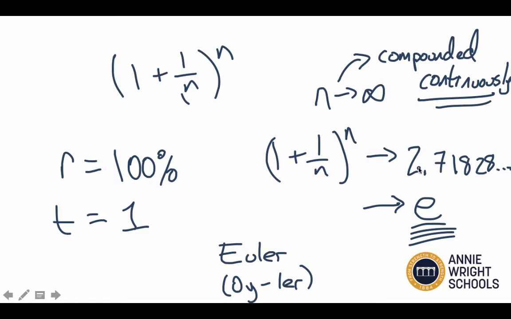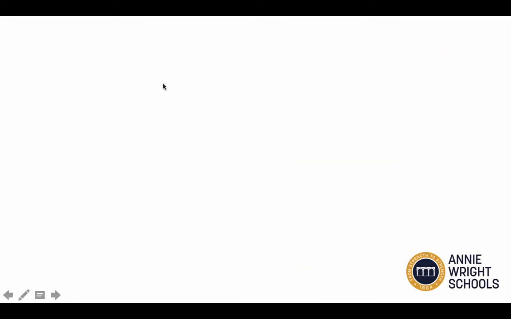Another way to think about continuous growth or continuous decay is it's the way that things in this world replicate or decay. Radioactive material doesn't wait around for the end of the day to decrease by a certain amount. It's always decreasing. It's a continuous rate of decrease. So what Euler did was he came up with this formula and said, we can talk about continuous interest.